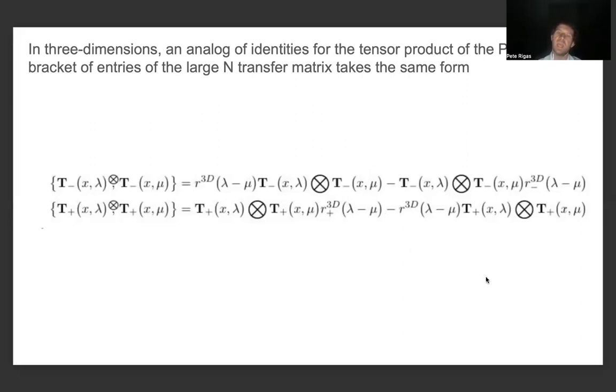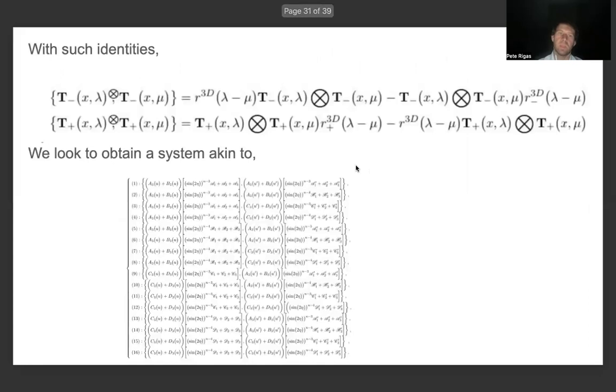So we can make use of these expressions, for taking the limit to positive or negative infinity of the three-dimensional transfer matrix, and of different three-dimensional objects and quantities, for writing an expression for the tensor product of the Poisson bracket of two entries of the three-dimensional transfer matrix.